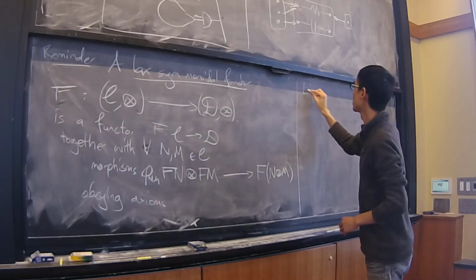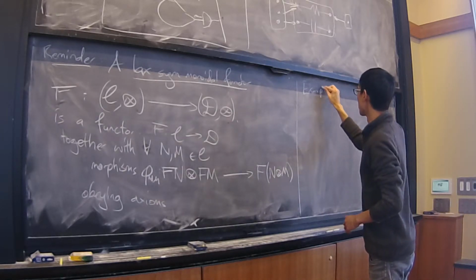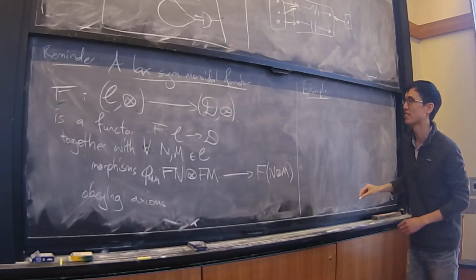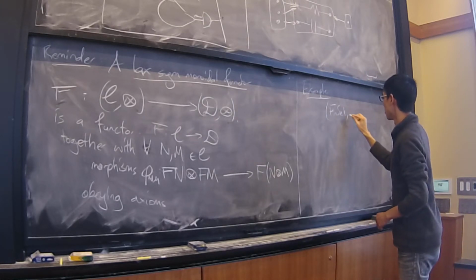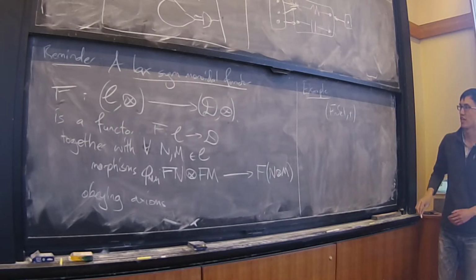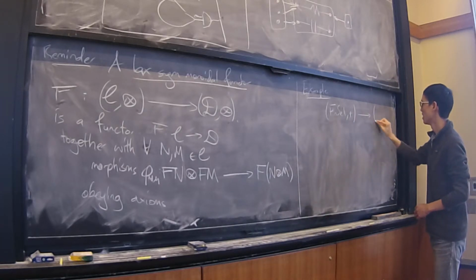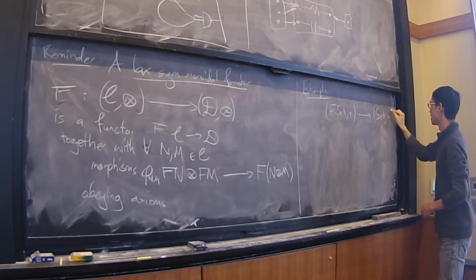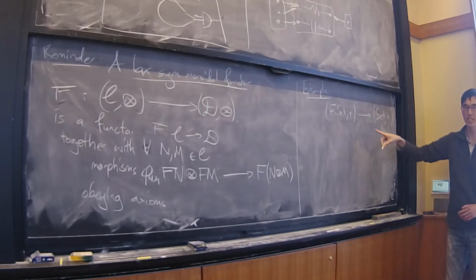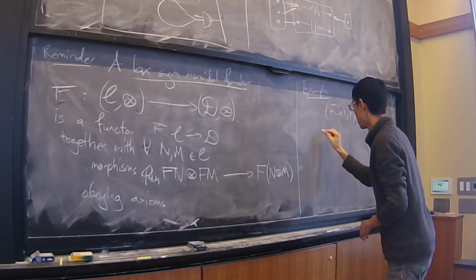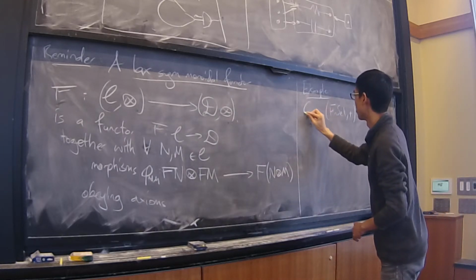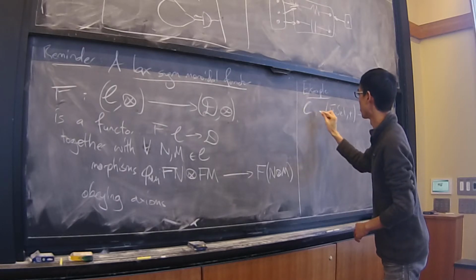Okay. So here is an example. We take the category of finite sets with the coproduct, or the disjoint union, as the monoidal product, and we take the category of sets. To every finite set, I'm going to give you a set that coheres in a nice way. We're going to call this C for circuit diagrams.